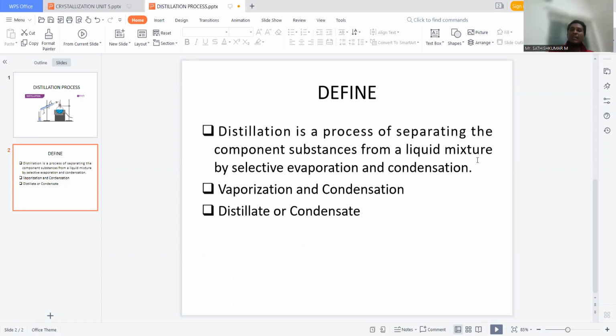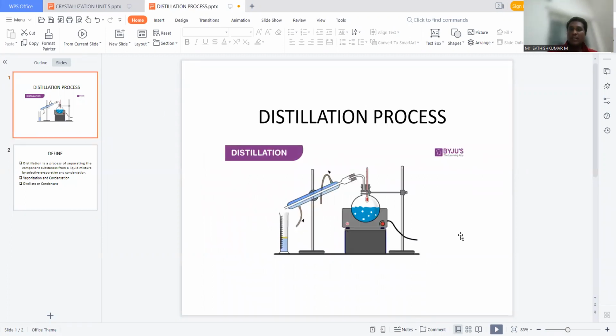Vaporization and condensation are the important points of the distillation process. The end product is the distillate or condensate. This picture shows the distillation process. We are going to discuss distillation in detail in the following classes.